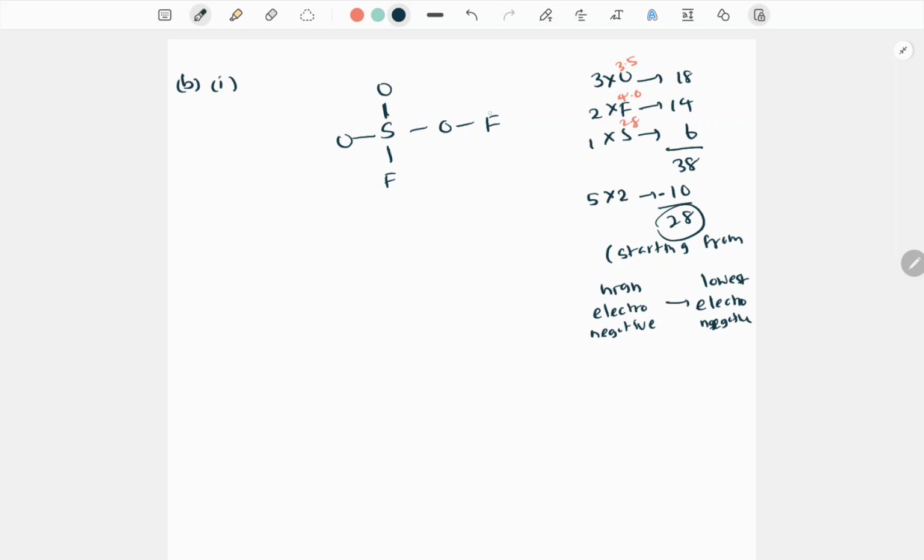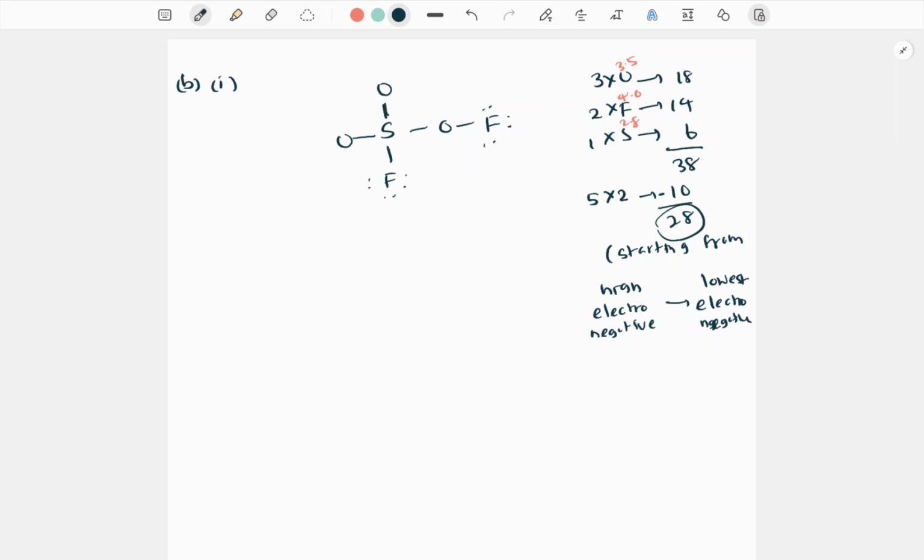Now, how much can we put on each fluorine? Maximum of 6. 6, 12. 12 out of 28 is now utilized. We have only 16 left.